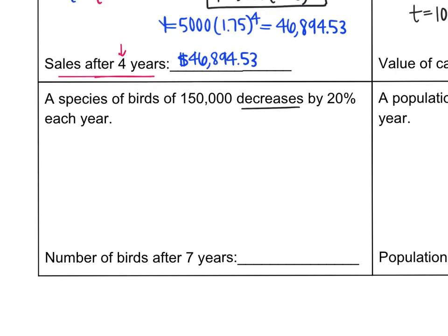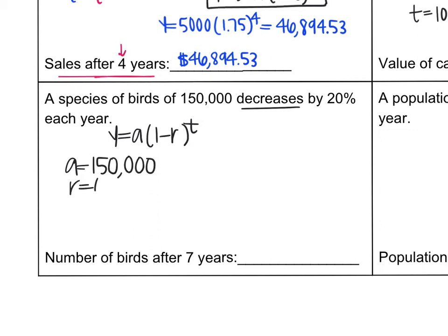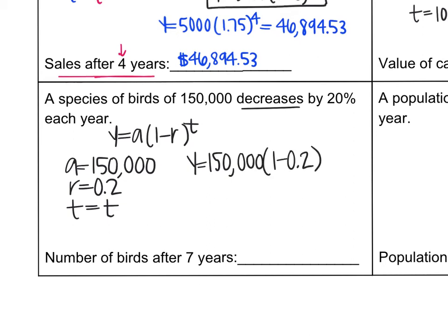I see decreases, so I know it's decay. My A is 150,000. My R is 0.2, and I'll leave T as T again. So that'll be y equals 150,000 times 1 minus 0.2 to the T power.